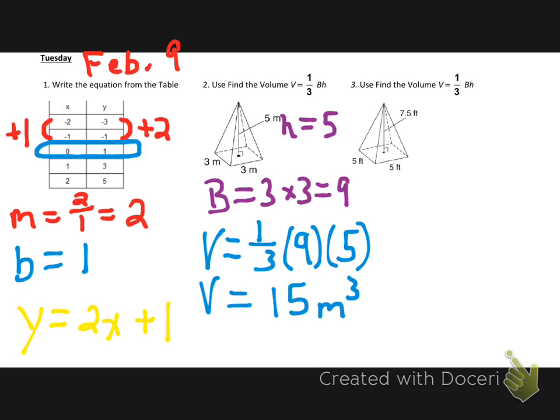Now again, looking at this next one, the pyramid has a square base, and the 7.5 is going to be our height. So to find the area of the base, that's going to be the 5 times the 5, which is 25.